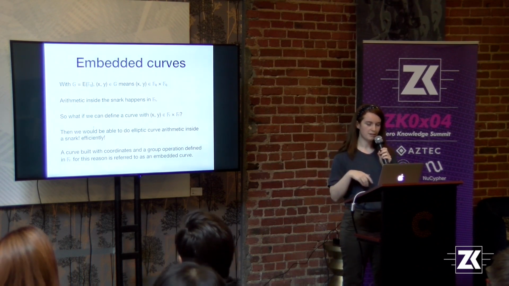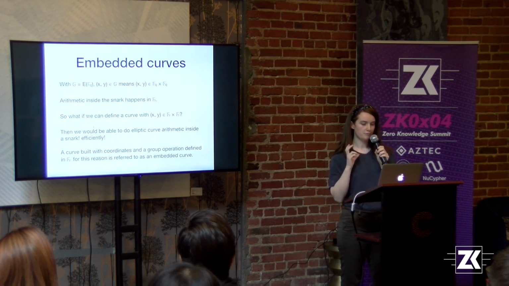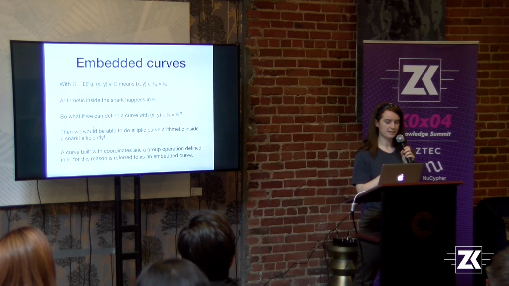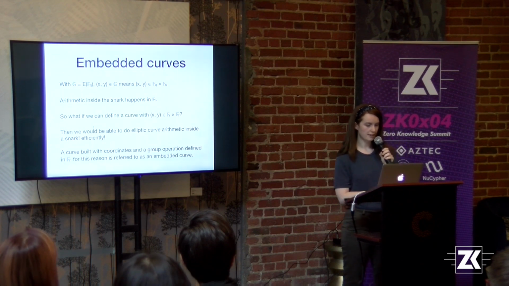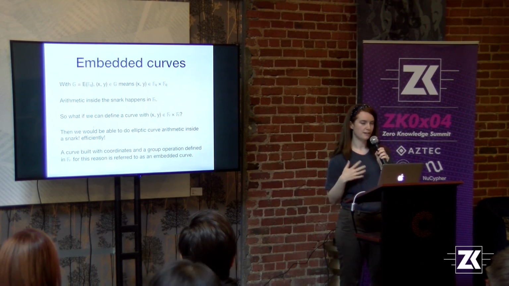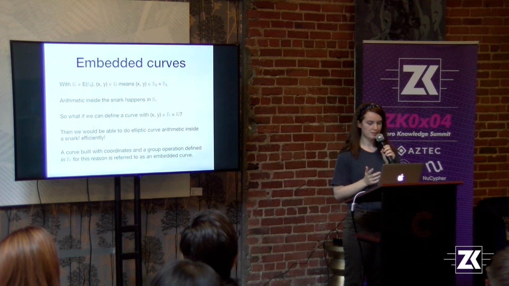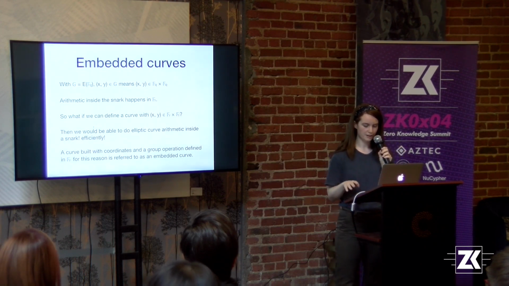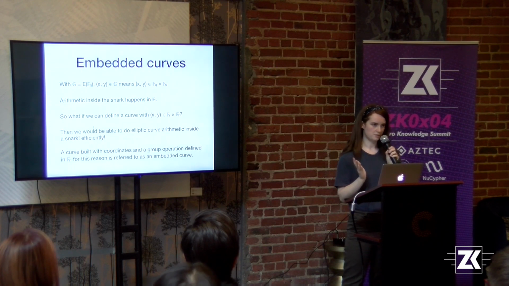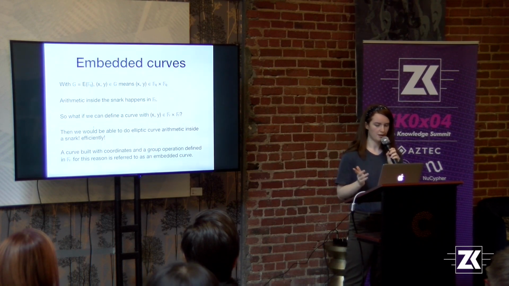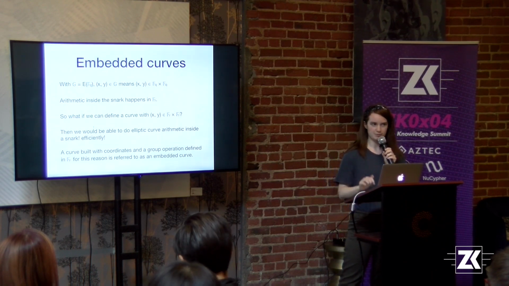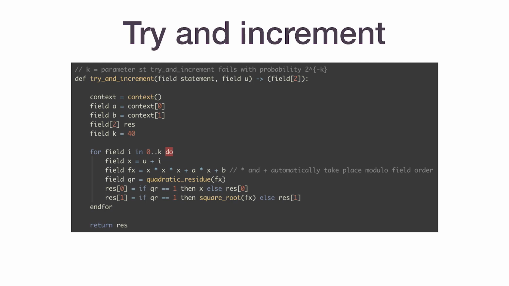If you have elliptic curve points defined with their coordinates as points in the original scalar field, then you can define a curve. This just means that arithmetic inside of the SNARK can be used to describe an elliptic curve. You can efficiently describe an elliptic curve group operation. So it just means the rest of my slides are going to make sense.